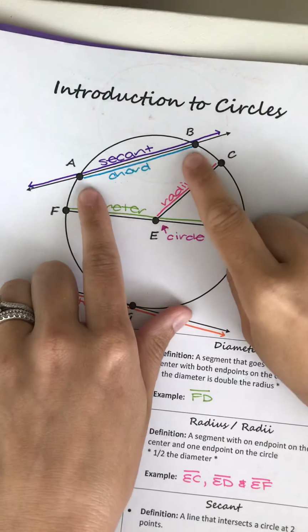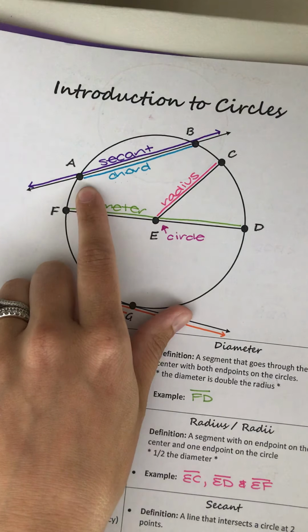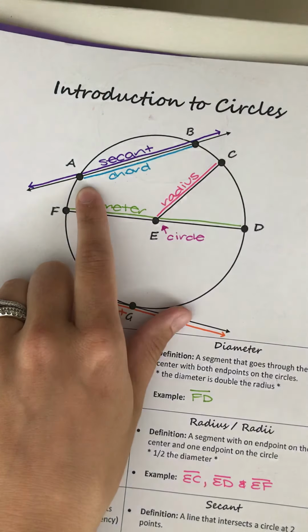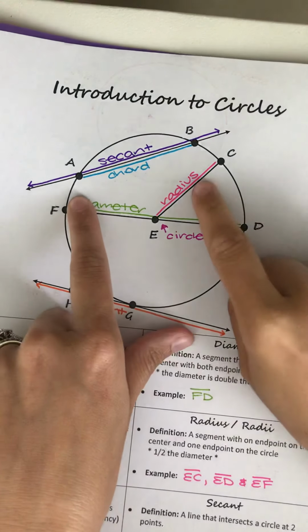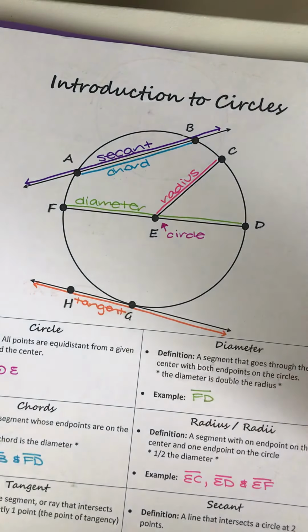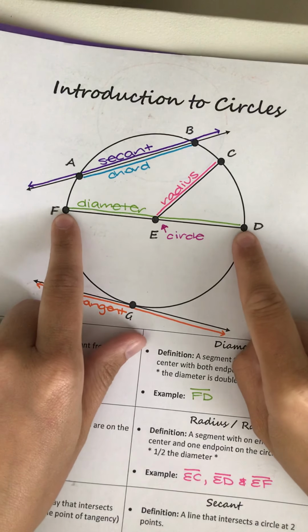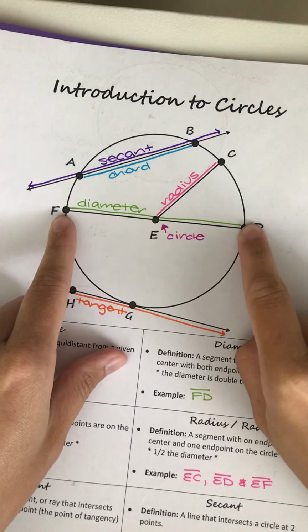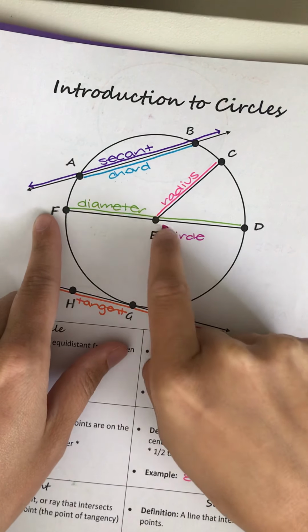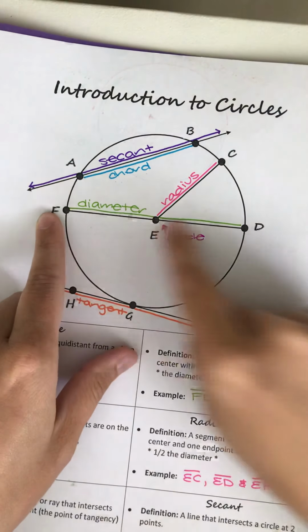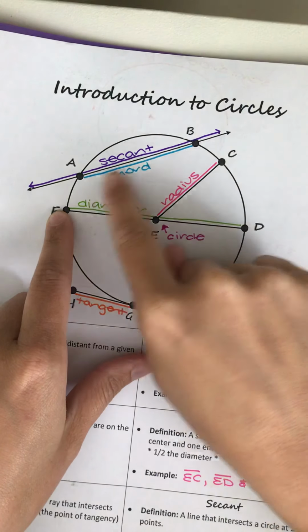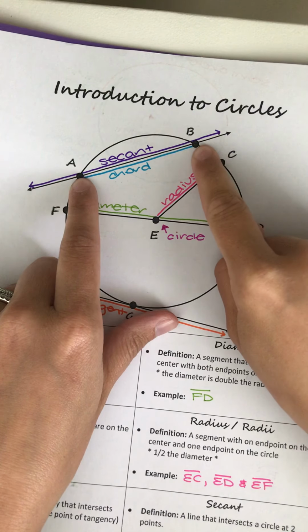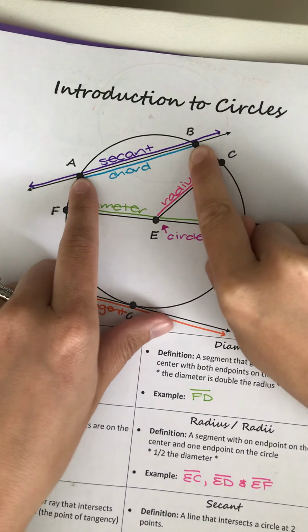My example is up here, and it is AB, or you can even call it BA, okay? Another chord would be my diameter FD. That is also a chord. However, since it goes through the center, that's the one chord that is called your diameter, okay? So this chord goes from one endpoint on the circle to another.